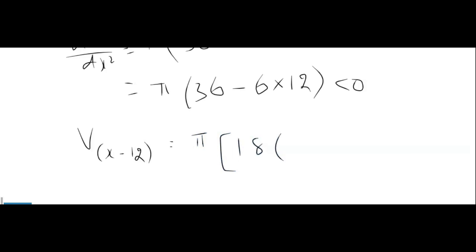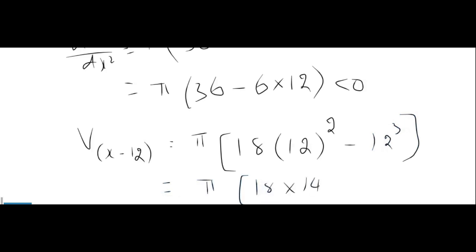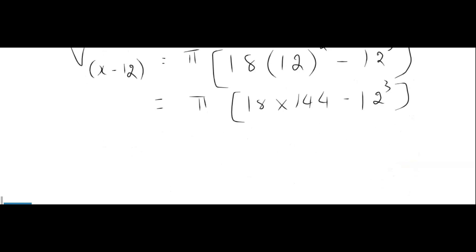In the place of x, let us put 12: pi into 18 into 12 squared minus 12 cubed, which is pi into 18 into 144 minus 12 cubed. On simplifying, we get this to be equal to 864 pi centimeter cube. So option C is correct.